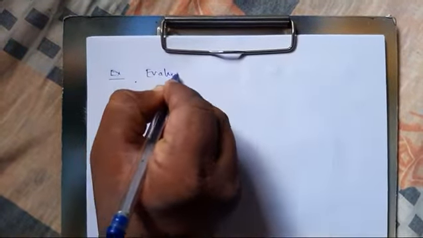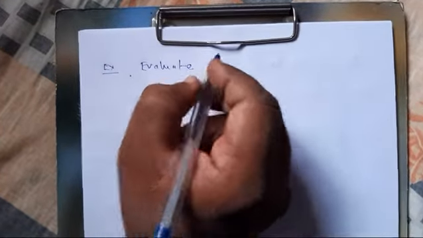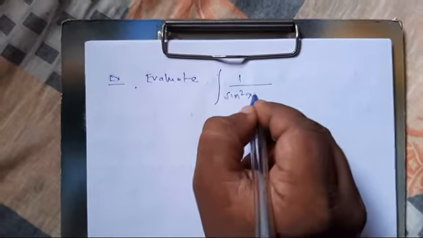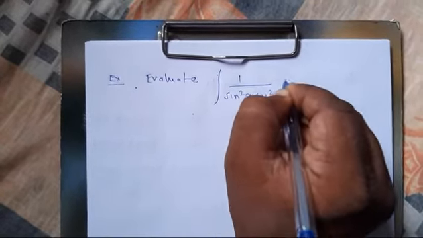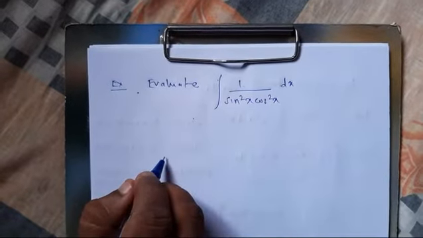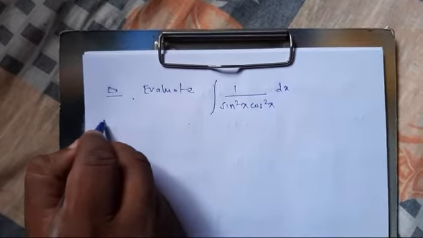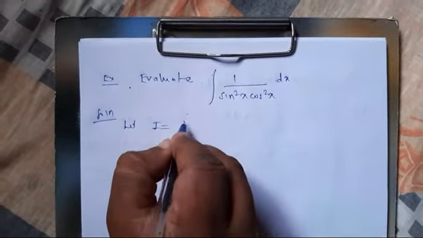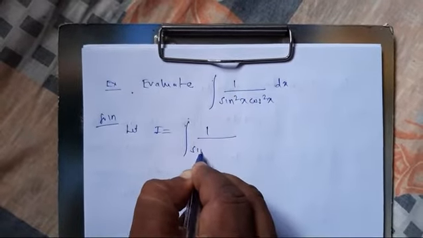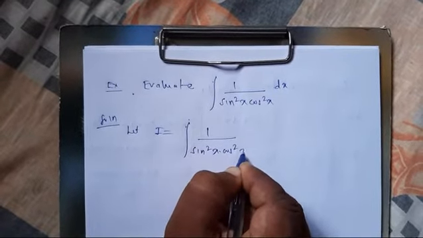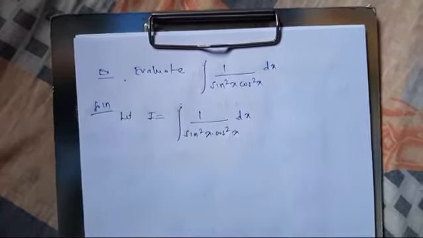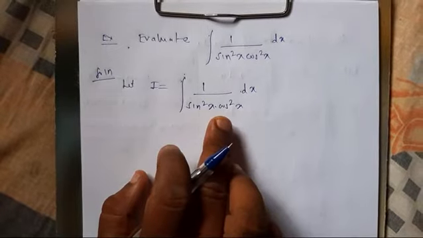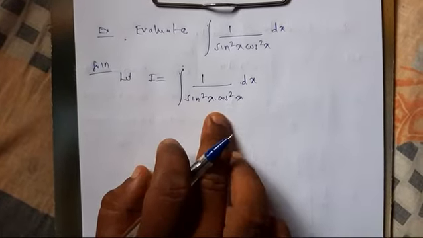Evaluate the integration of 1 upon sin square x into cos square x dx. Solution: let I is equal to the integration of 1 upon sin square x into cos square x into dx. Here in the denominator I am having two terms, so I cannot apply the by parts rule.